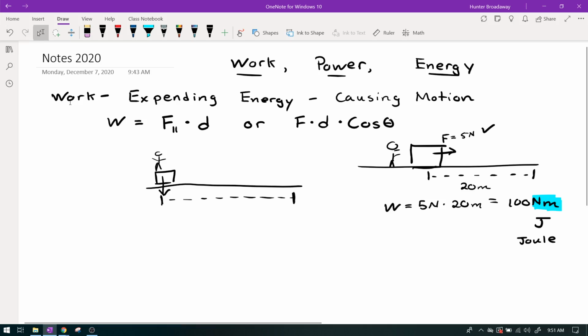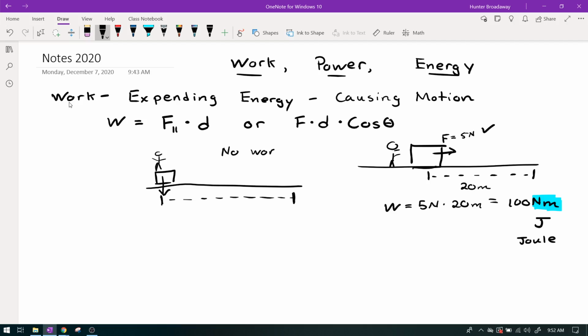But there's no displacement occurring, because my force is not going in the direction of motion at all. Since the force and the direction of motion are 90 degrees to each other, there's going to be no motion occurring whatsoever. So in this case, even though you did exert a force on the box, there is no work being done.